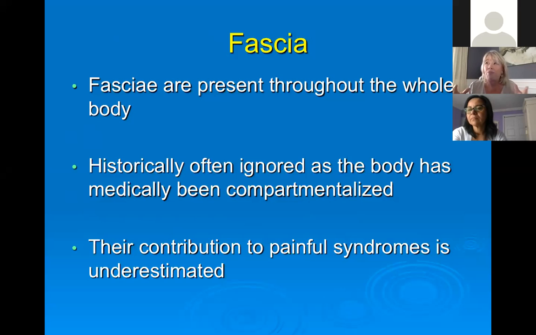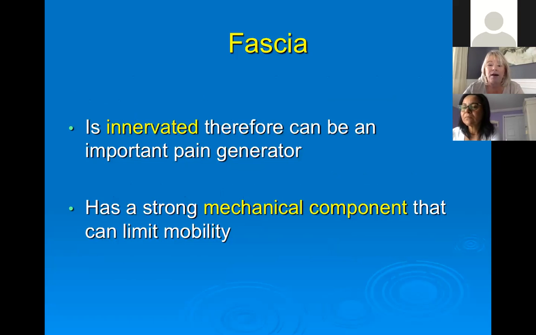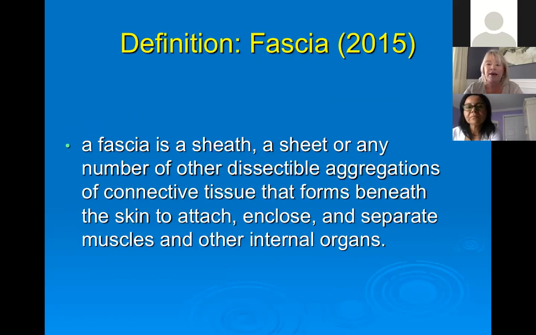So it becomes a body-wide communication system between the various systems of the body. And they are innervated, so they can contribute to painful syndromes. They also have a strong mechanical component that can limit mobility. So keep that in mind. That's about as much theory as I'm going to give you today.